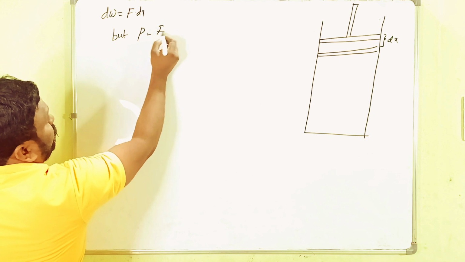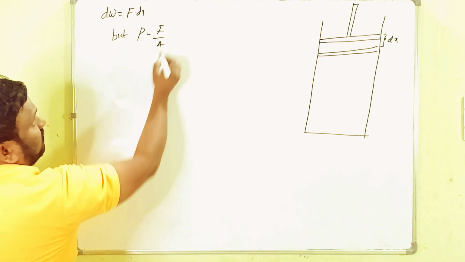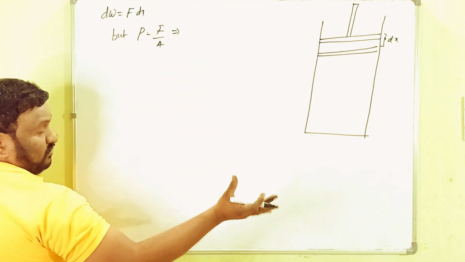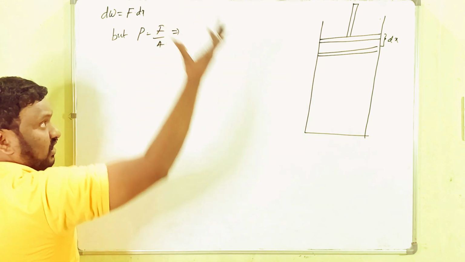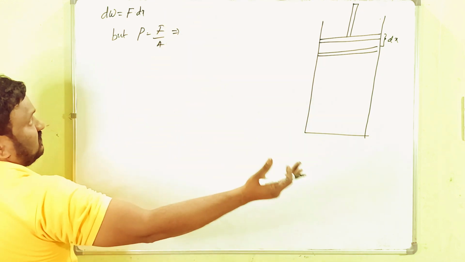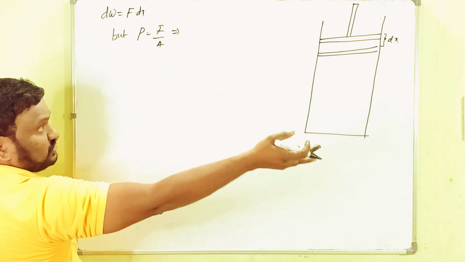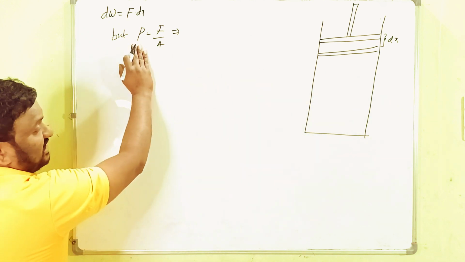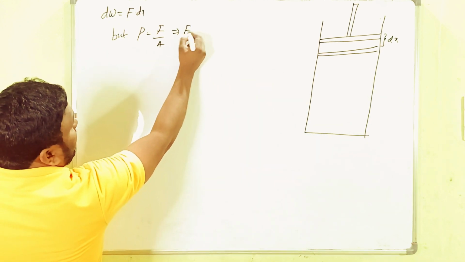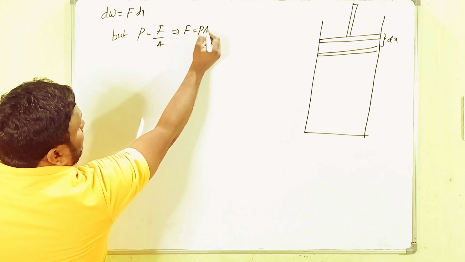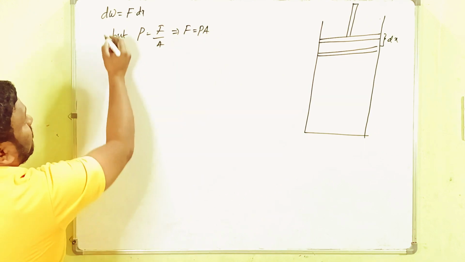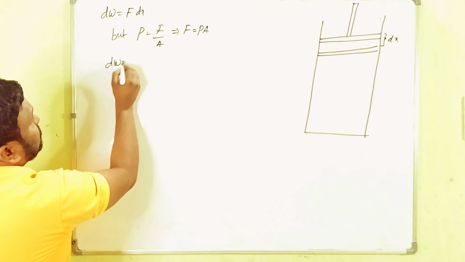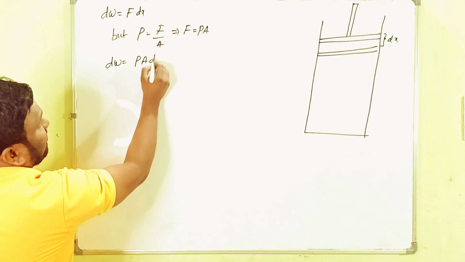Pressure is equal to force per area, and we are pulling the piston upward or downward, which means we are applying a force on a particular area of the gas, and some pressure is created. So F equals P into A, we can write. Then substitute: dW equals P into A into dx.